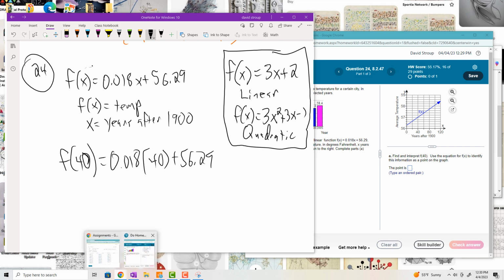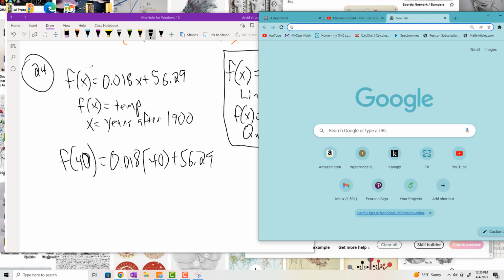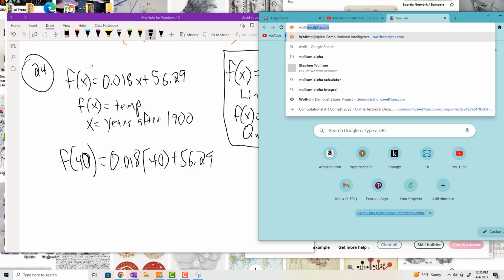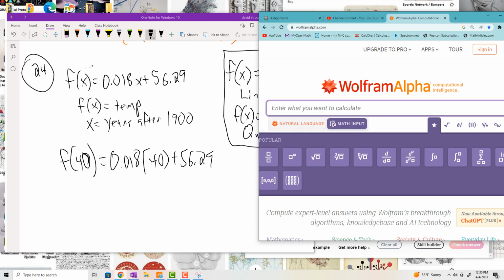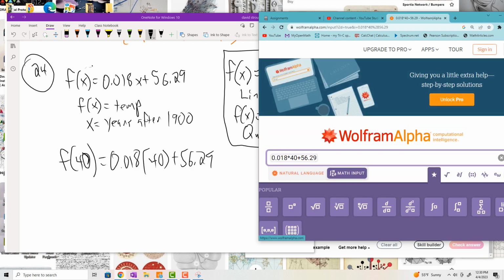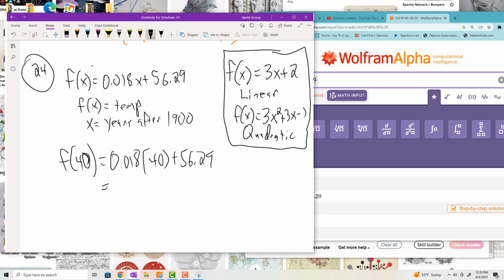Okay, so I'm going to use the internet to figure this one out. Wolfram, my favorite online calculator. You probably will find your own someday, and I could just write in 0.018 times 40 plus 56.29. Takes a long time to do any simple computations, but here we are, 57.01.